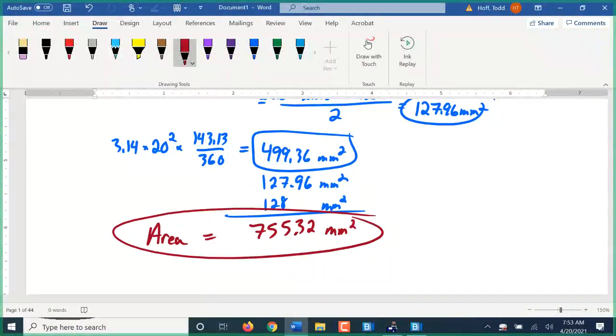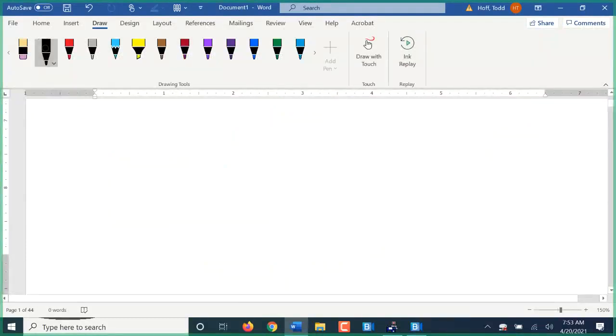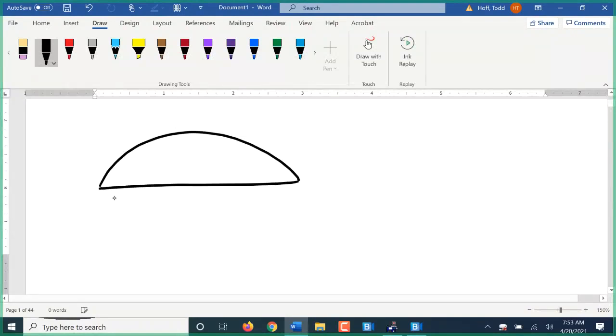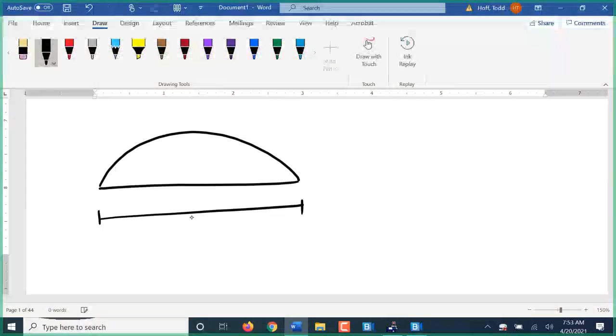So we've done a lot of problems with this half circle or segment of a circle. We've done some problems like this where that wasn't a full half circle. This might be 60 millimeters, and this might be 18 millimeters here.